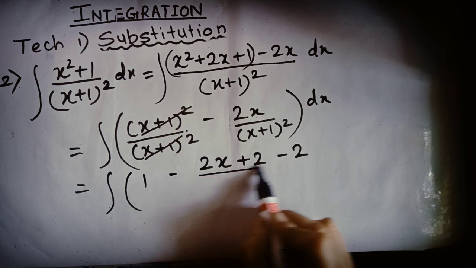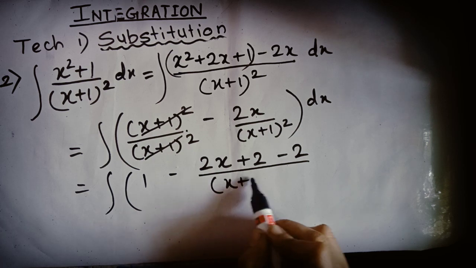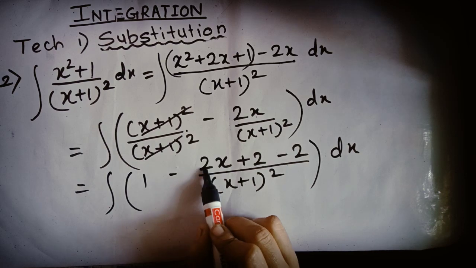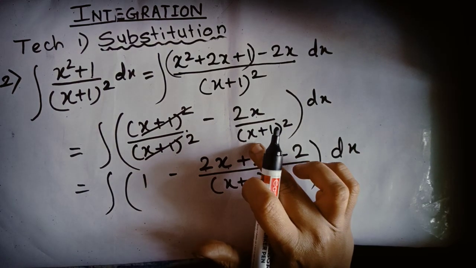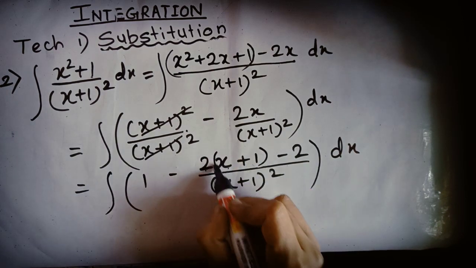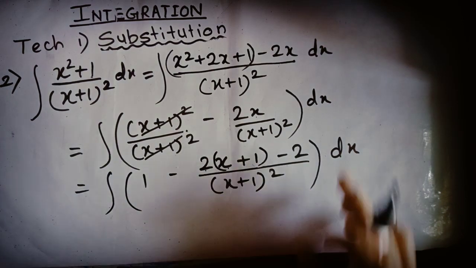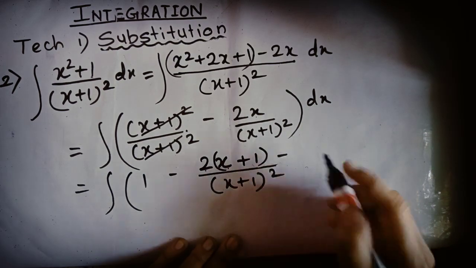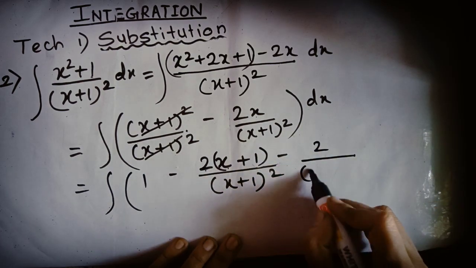Okay, so here I can write square dx. Now this 2x plus 2 I can write, after taking 2 common, this way. Okay, we'll separate this denominator again.